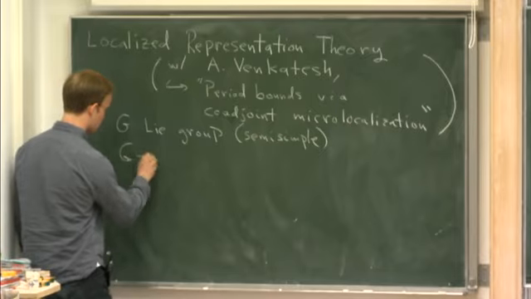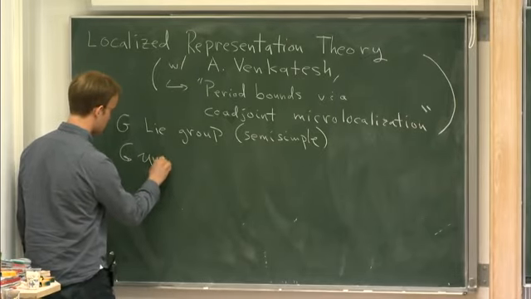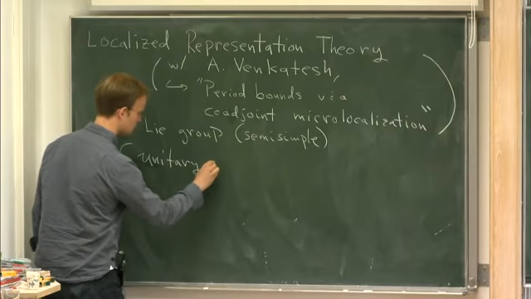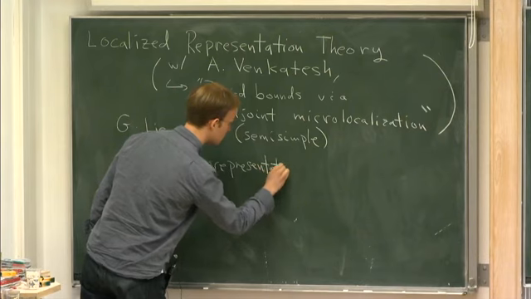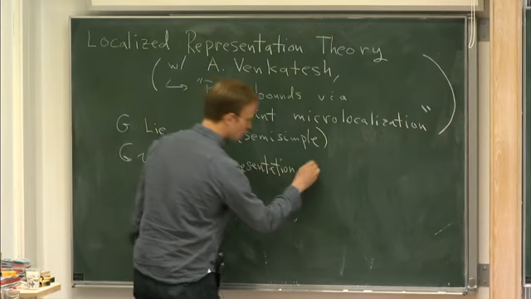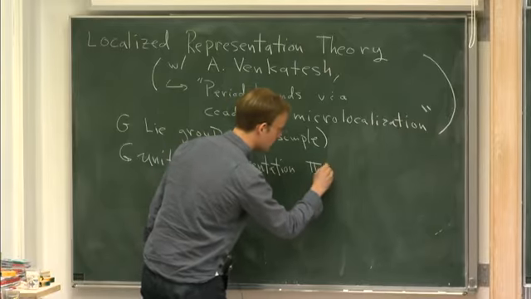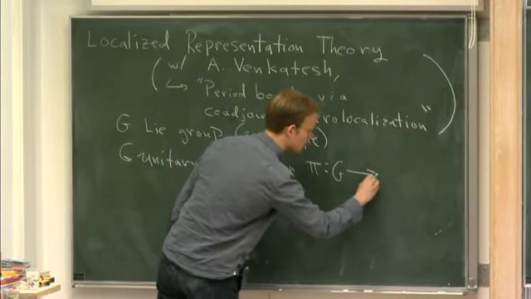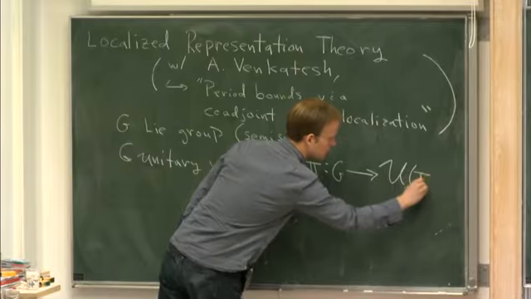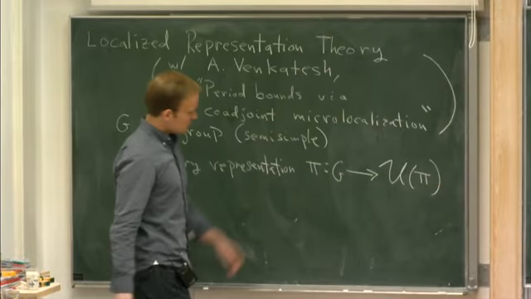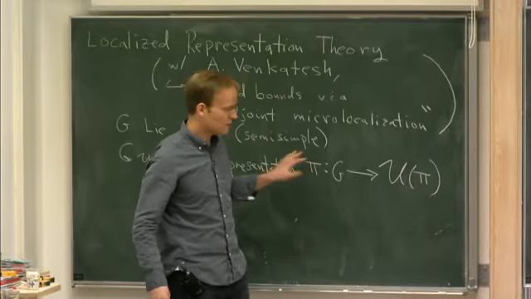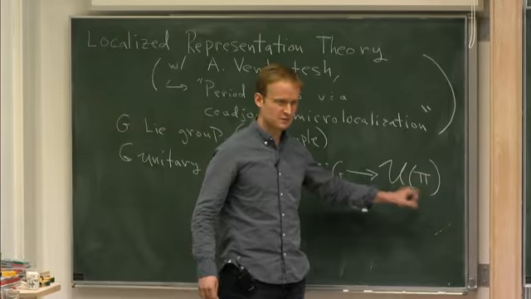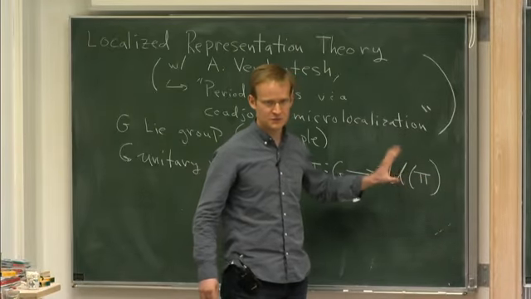So we'll work with a unitary representation, which I'll denote by a symbol pi, and I'll employ the standard abusive notation writing pi both for the map defining the action as well as the Hilbert space where we realize the group as unitary operators.